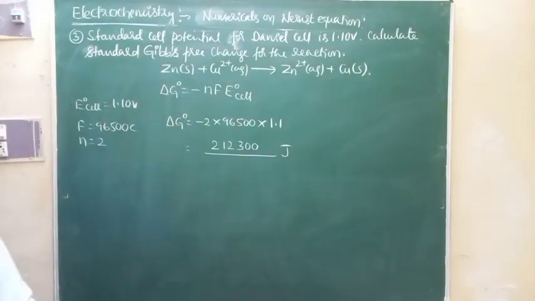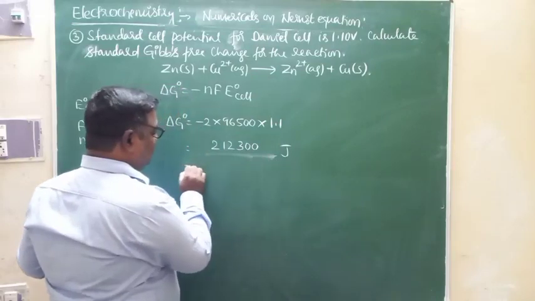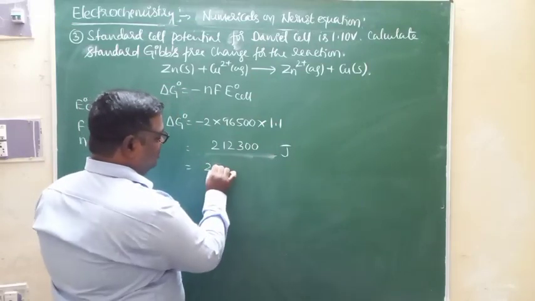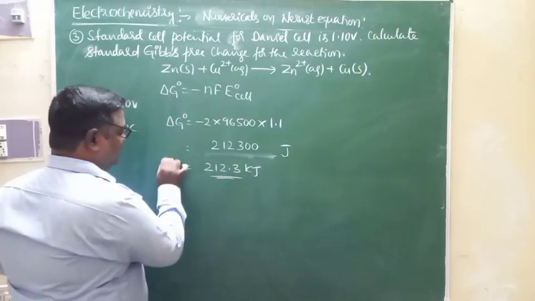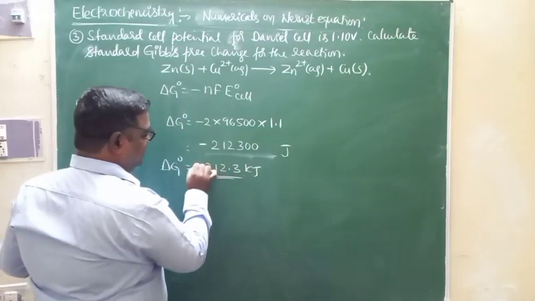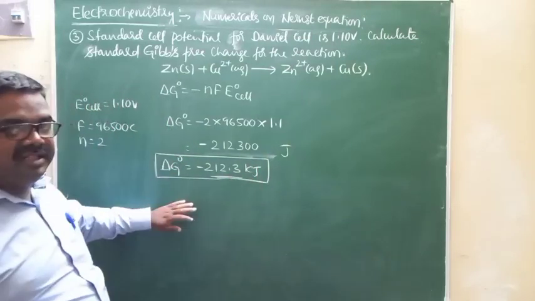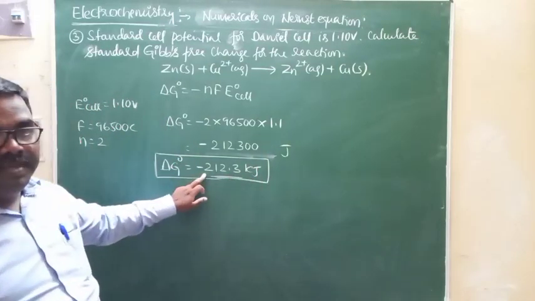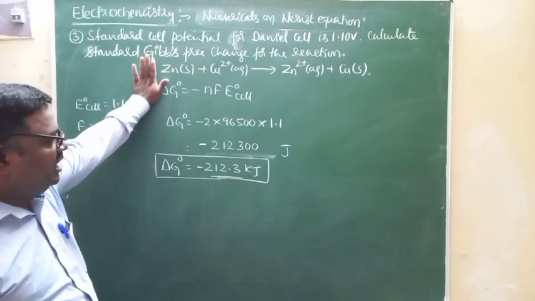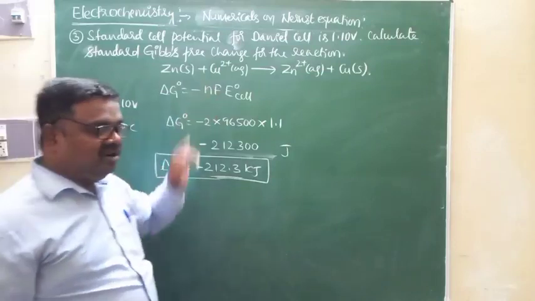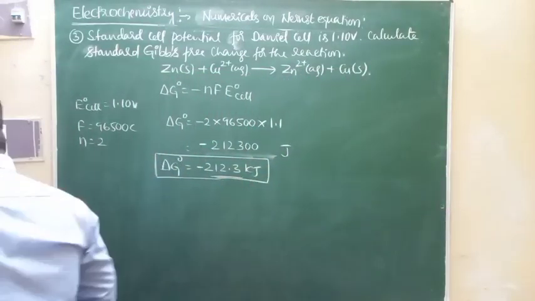If you want to write it in kilojoules, you divide this by 1000. Then it becomes 212.3 kilojoules. This is what we call delta G naught. Of course it is a negative value here, because for galvanic cells delta G naught is negative, where free energy decreases. This is the calculation of delta G naught if E naught of cell is known to you. Note it down, take a screenshot.